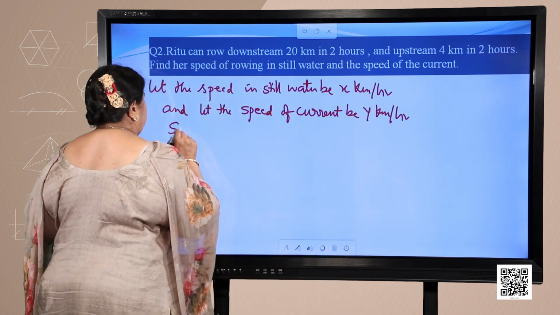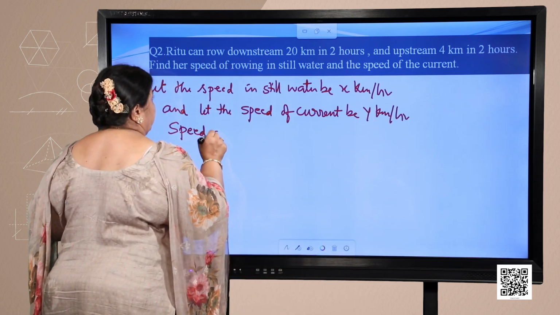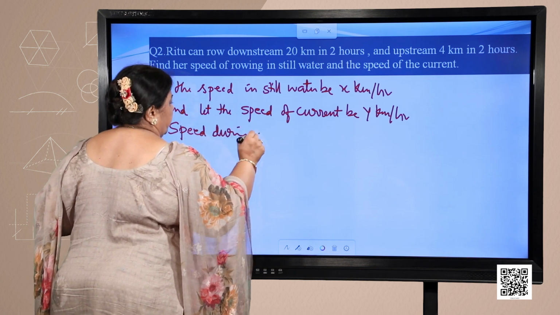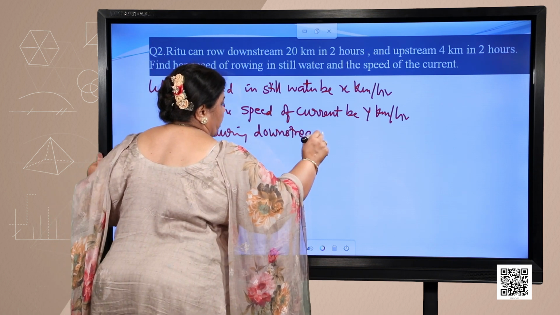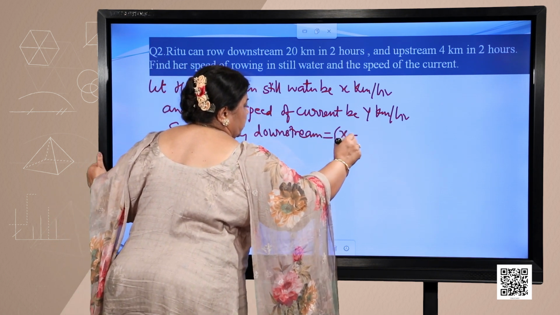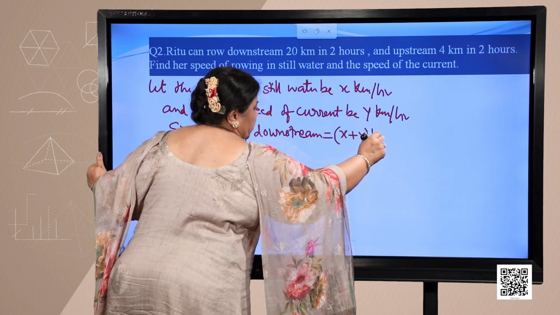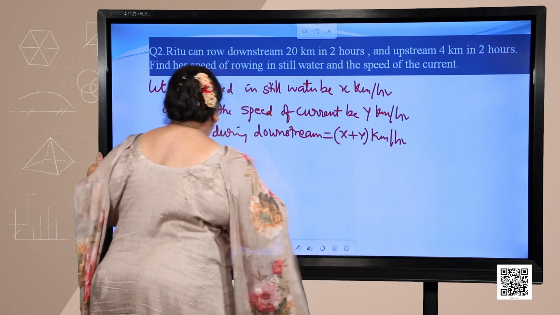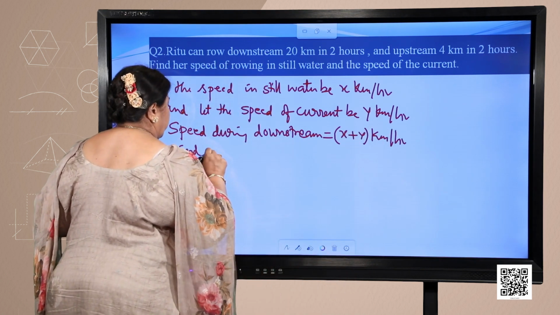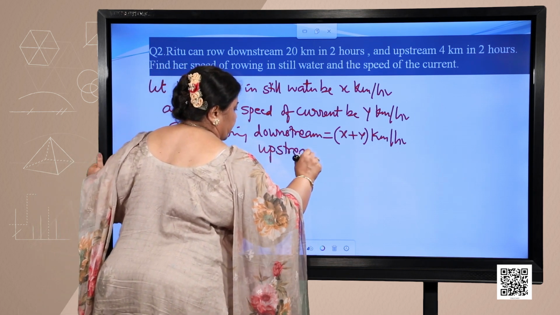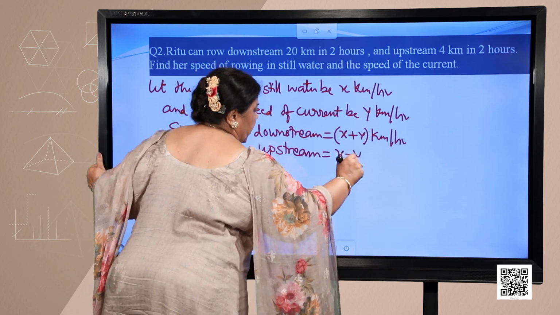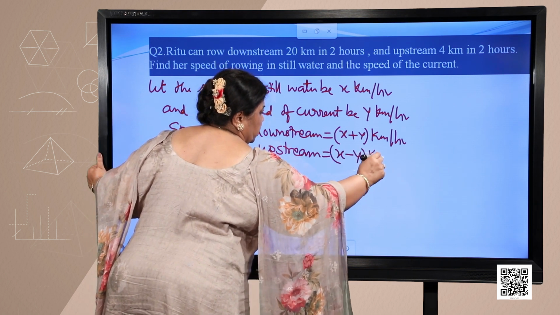So, speed during downstream will obviously be x plus y kilometers per hour and speed during upstream will be x minus y kilometers per hour.